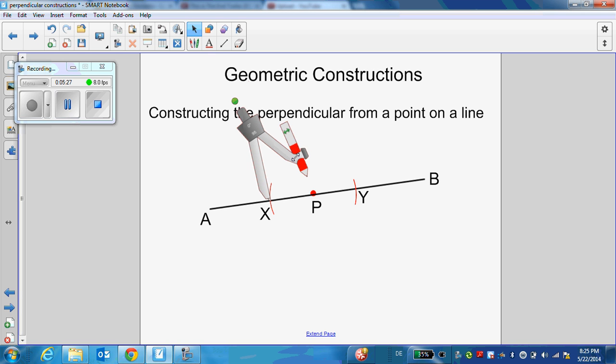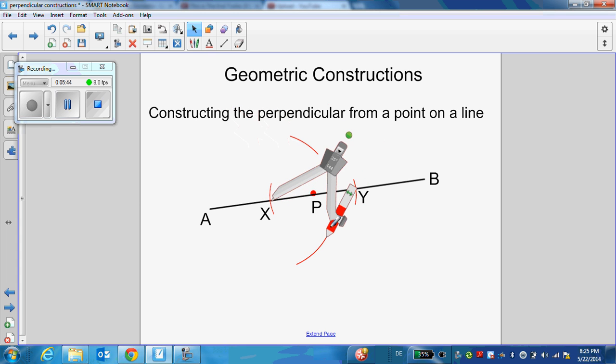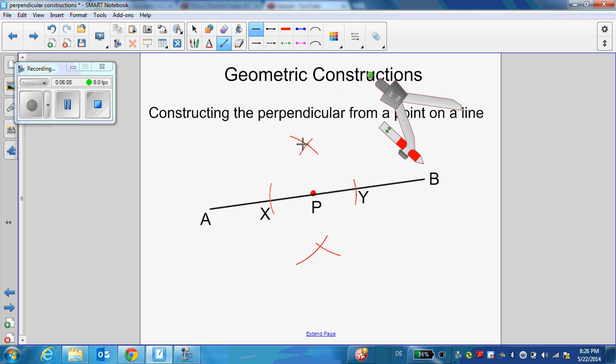So anyways, we stretch it out a little bit because we need it to be past the P. Right now, it would go straight through the P. We need it to go past the P. So let's stretch it out and make an arc on both sides of the P. And then let's go over to the Y. Make our arc. Come down here. Make our arc. And then you guessed it, we connect these two intersections with a line.